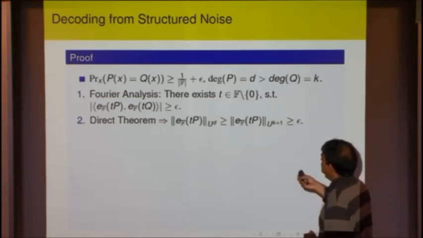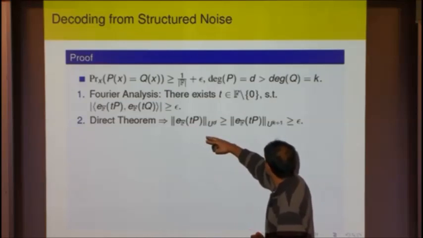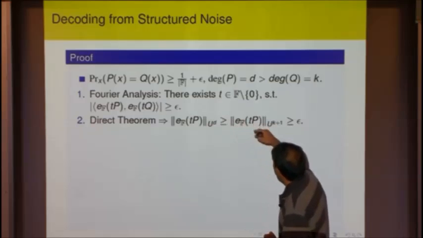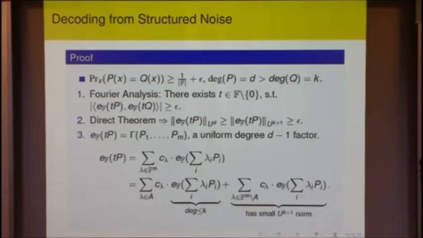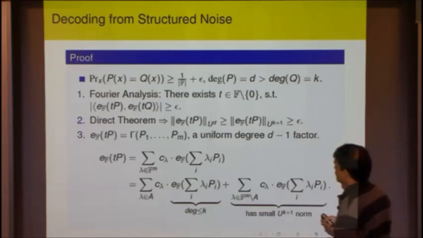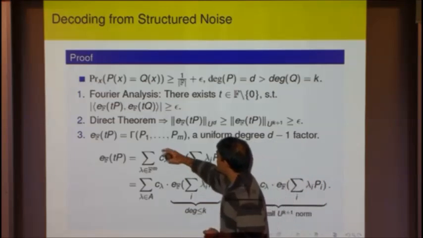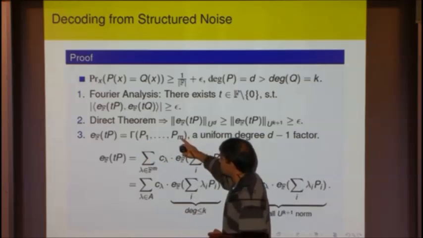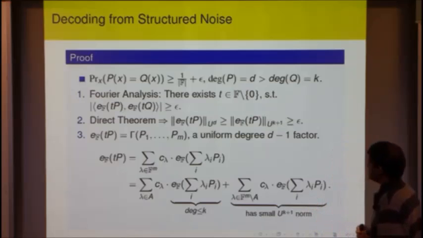Now, if the correlation is large with some degree k polynomial, then the U^(k+1) norm of Tp is also large. Since d is greater than k, the d-th norm of Tp is large. Now we do Fourier analysis on Tp. First of all, we write Tp using our algorithmic regularity lemma, in terms of P1 through Pm, a gamma-uniform factor where gamma is chosen to be sufficiently small.